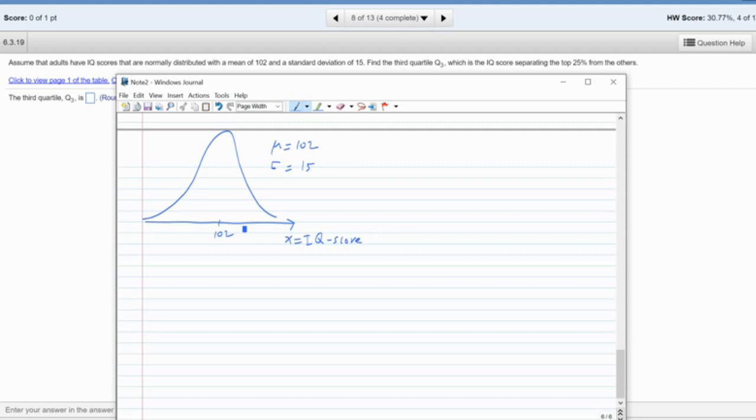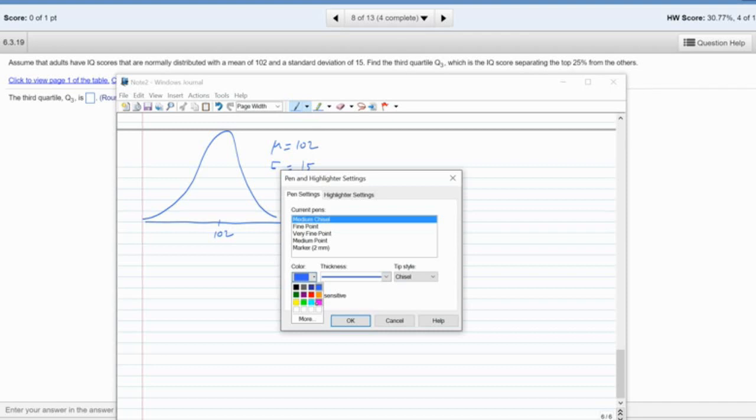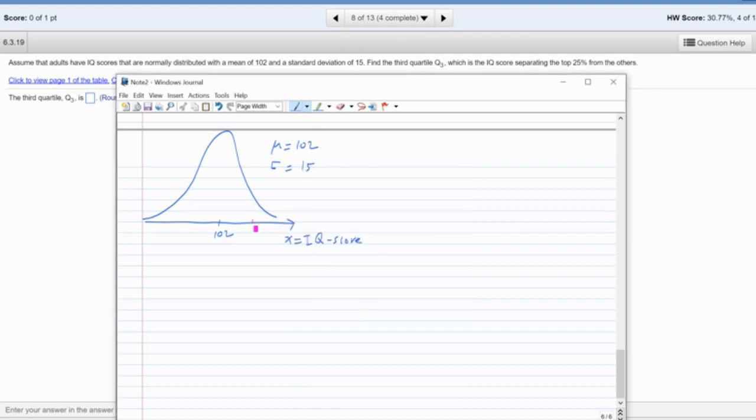We have to find Q3. What is Q3? Q3 stands for the score separating the top 25% of the others. Where is the top 25%? Well, the top 25% is somewhere right here, the best ones.